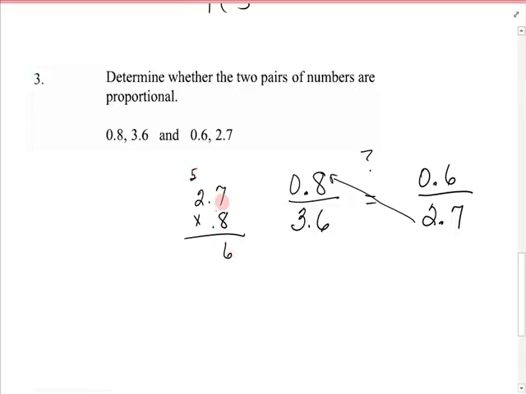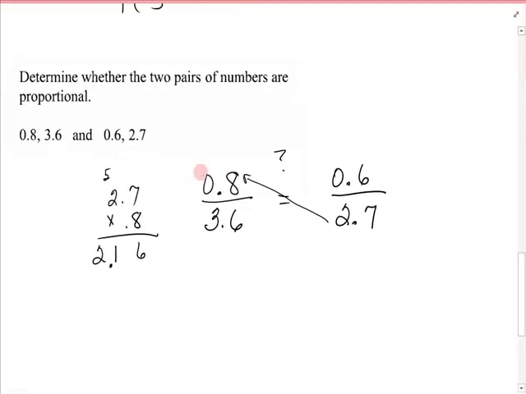Carry the 5. 8 times 2 is 16, and 5 makes 21. 2 decimal places, so it is 2.16. Let's look at this cross product. 3.6 times 0.6. 6 times 6 is 36. Carry the 3. 6 times 3 is 18, and that's 21. 2 decimal places, 2.16. The two cross products are both 2.16. So yes, these are proportional.